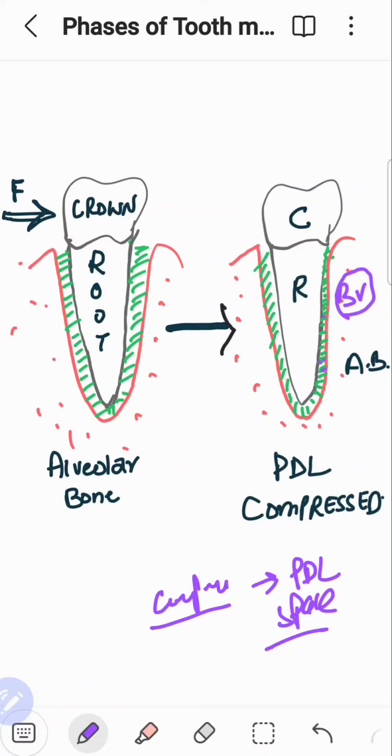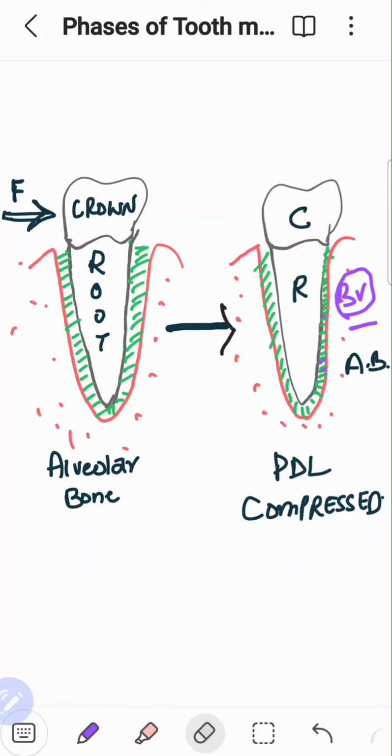The blood vessels within the PDL are partially compressed in the initial phase of tooth movement, which leads to slight cellular mechanical distortion. The cells are a little bit distorted in that case. So this was all about the physiological changes taking place in the initial stage of tooth movement.